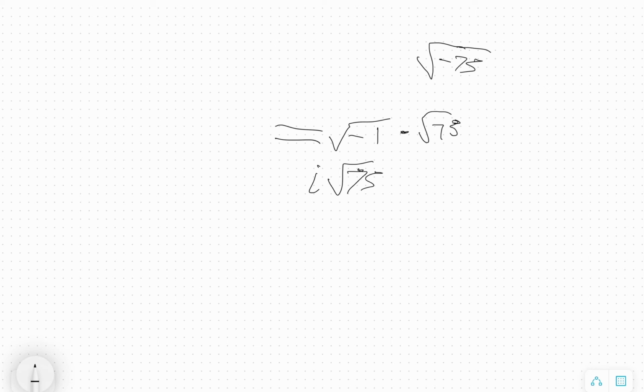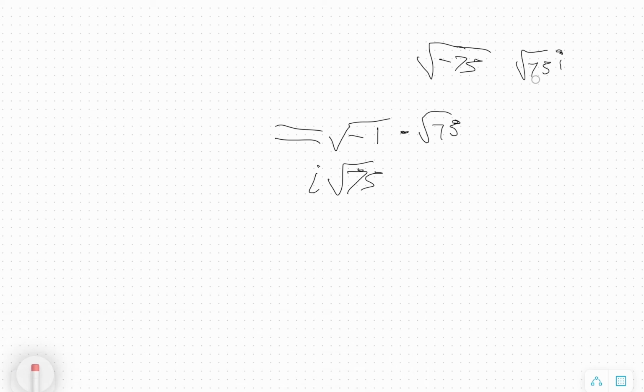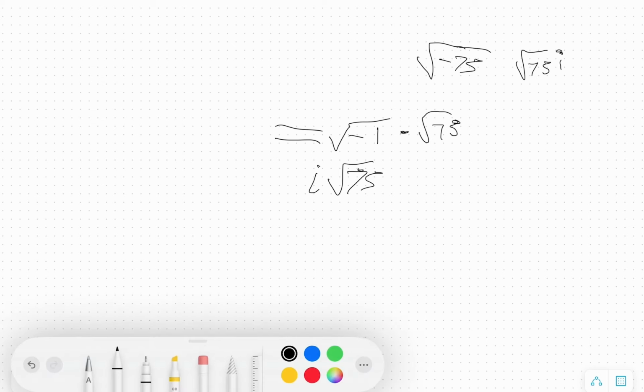Just a side note, write the imaginary number, write I in front of the square root, because some students will write this as the square root of 75, I. And then someone's going to try to say, is the I in the square root or is it outside the square root? If you write the I in front of the square root, there's no debate as to what your answer is, and you can't get the wrong answer. You write your imaginary number in front of the square root, and then there's no debate. Is it in the square root? Is it outside the square root? What's happening?